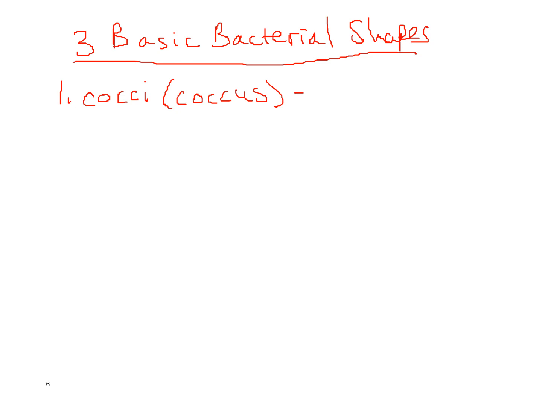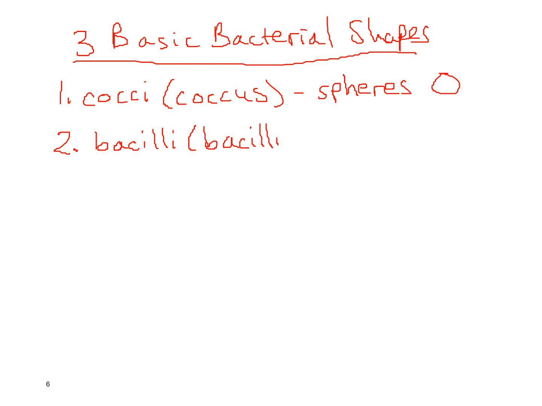And this shape, the bacteria are spheres or little round balls. Second shape would be bacilli, and that's plural, and then bacillus would be the singular. And these are rods.